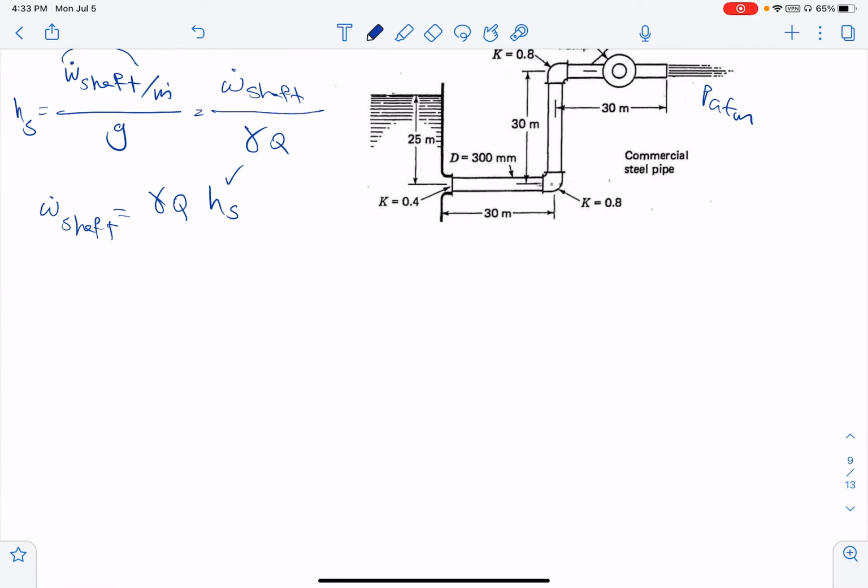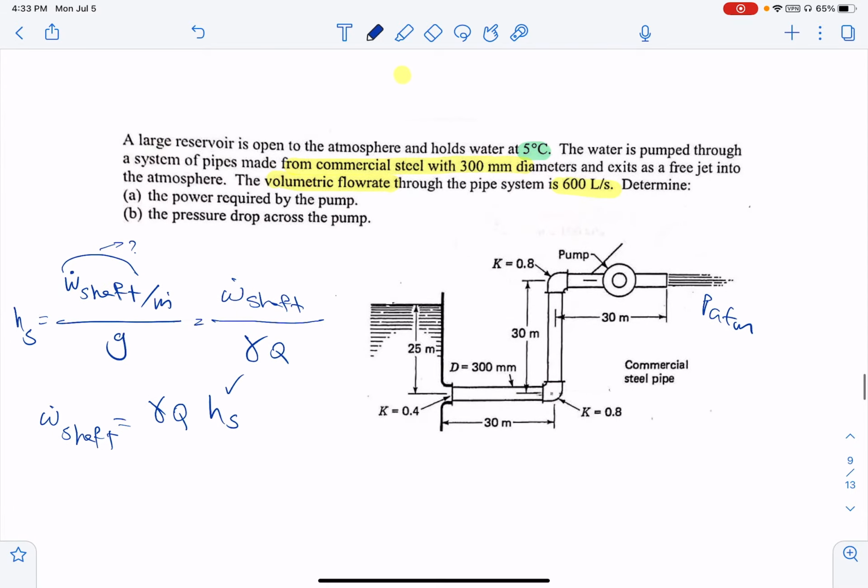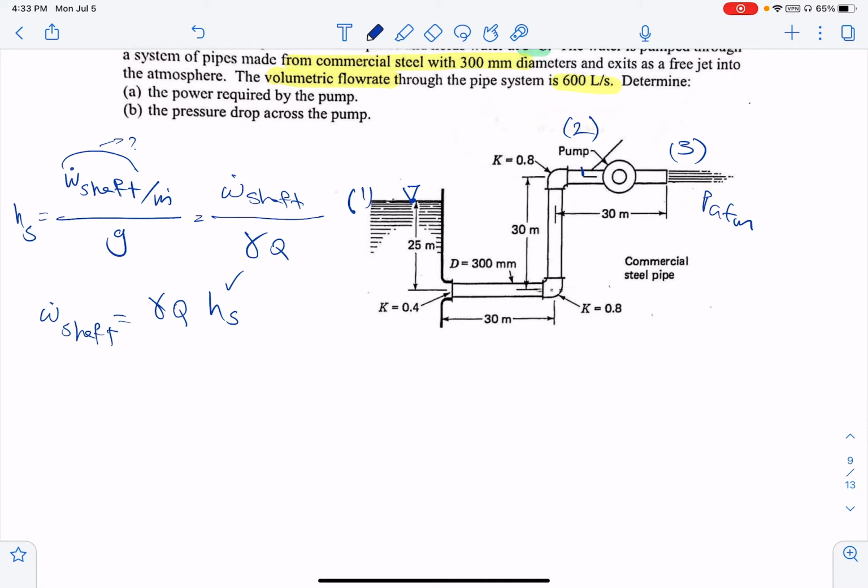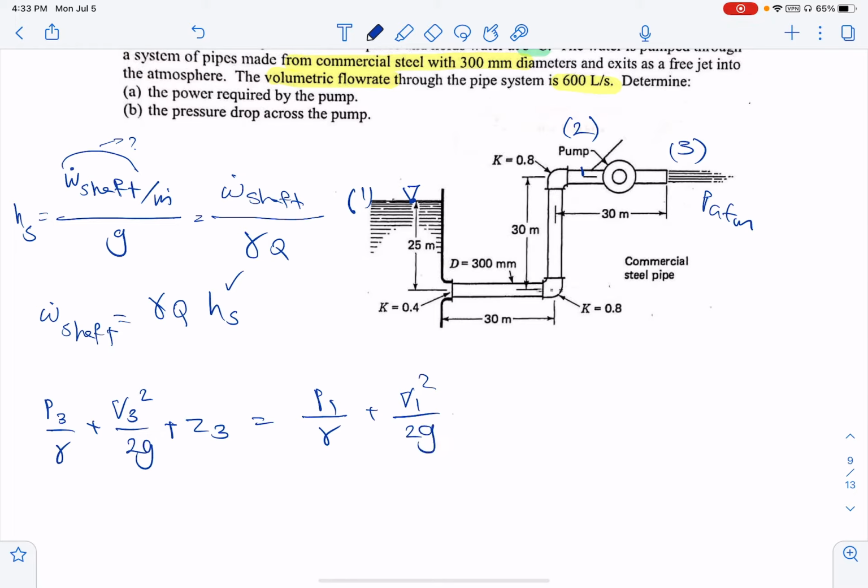Now let's write down the energy balance. We consider this one, which is free atmosphere, as 1, then after the pump at 3 and before the pump at 2. If I write down the equation: P3 over gamma plus V3 squared over 2G plus the height, and then P1 over gamma plus V1 squared over 2G plus Z1 plus HS minus HL.